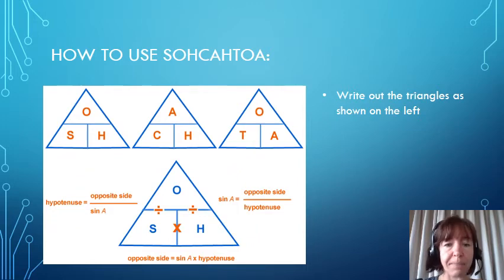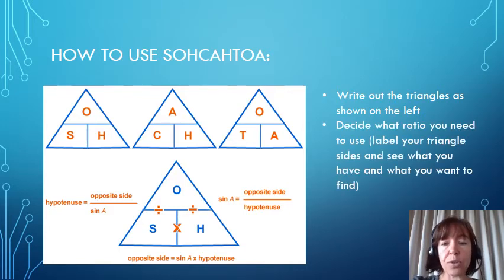If you put the center letter above the other two, it kind of gives you an idea of how we're going to use these different things. So as you can see, if the letters are side by side, we multiply, and if they're above each other, we divide. So when I do those, I decide what ratio I need to use.